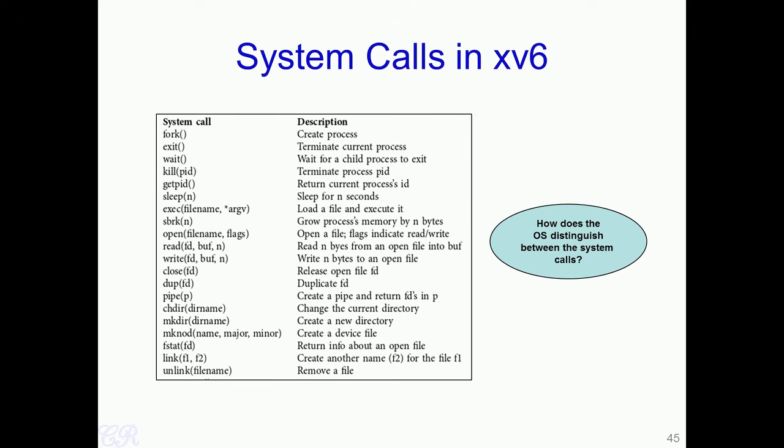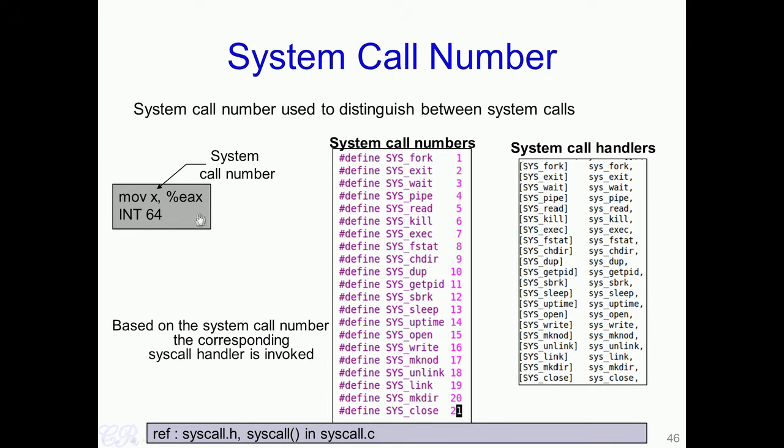So, how does the OS determine whether the system call was with respect to fork, wait, sleep, exec, and so on? Essentially, this distinguisher comes from the user process itself. What happens is that before the INT 64 instruction, the user process will move a system call number to the EAX register.